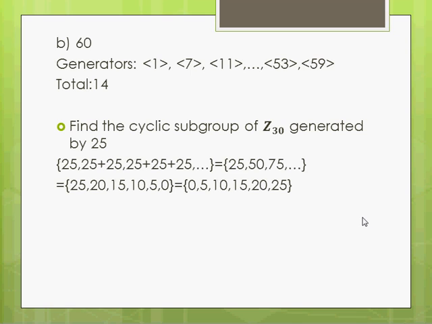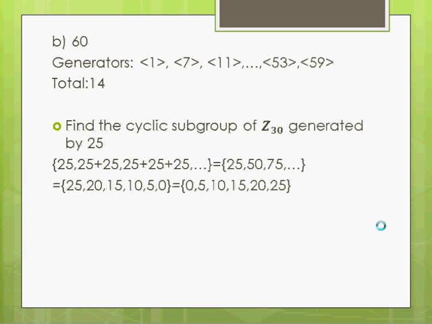That's our subgroup generated by 25, mod 30. You could also generate this same subgroup, 0, 5, 10, 15, 20, and 25, using the generator 5. But those are the only two that generate this specific cyclic subgroup.